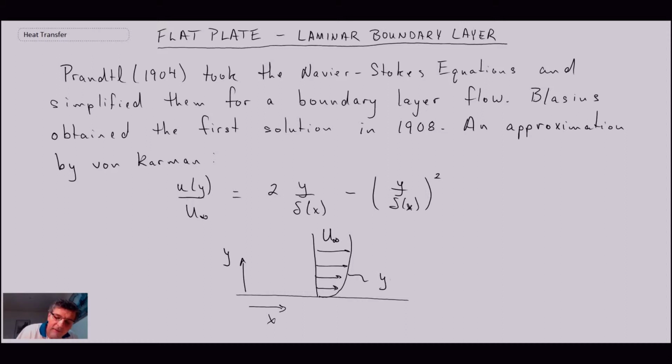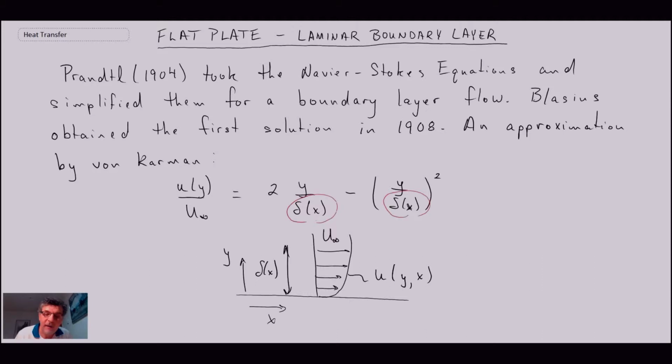Here we have the velocity u of y, and really implicitly it's also of x, given the fact that delta of x is in here, and consequently it is scaling with y and x. And delta, the boundary layer thickness, is delta of x. And remember, we said that's where we get the 99% of the free stream.